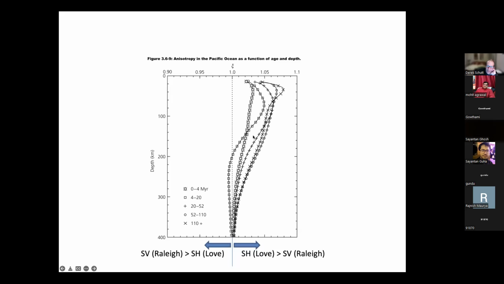So if I look at SH, or my Love wave velocity, and my Rayleigh wave velocity as a function of wave period, we can derive plots like this. What we think is happening is the mantle is generally convecting up and down below 200 kilometers, and above 200 kilometers it's generally convecting horizontally.